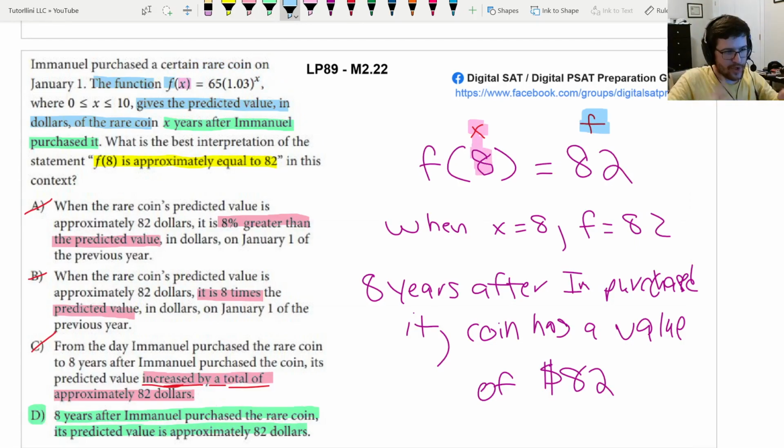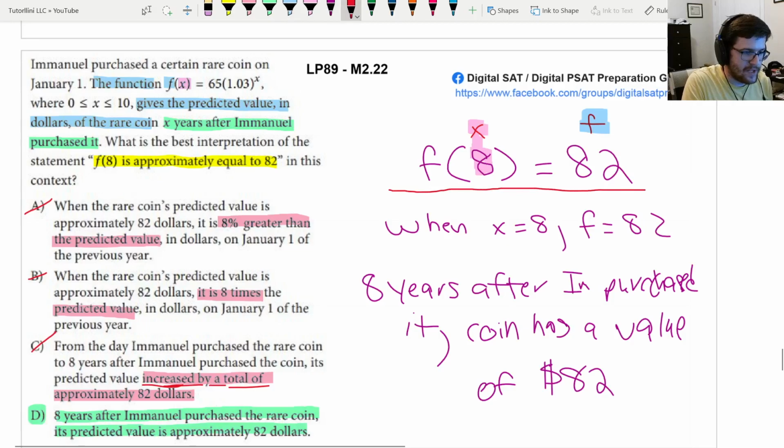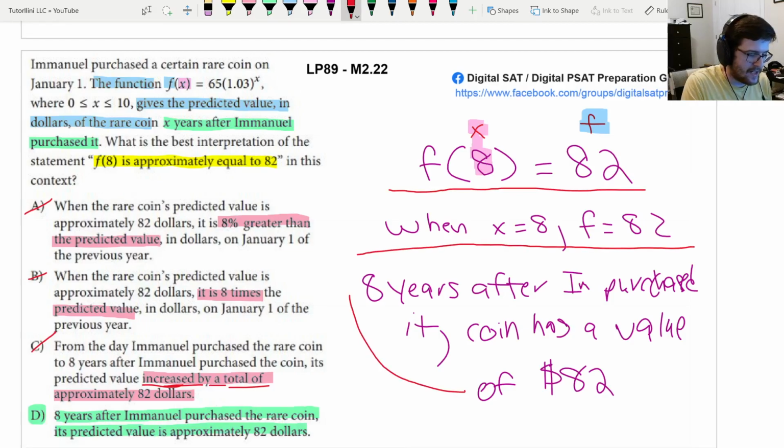If you make that little chart, x, f of x, y, and then put whatever letters x and y are, it makes a 3-step process where you're writing down the point, writing it down literally, and then putting it in the context. If you break it down into steps like that, it makes it so much easier. All right, let's keep going.